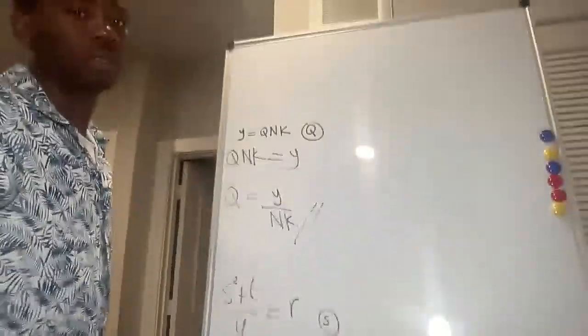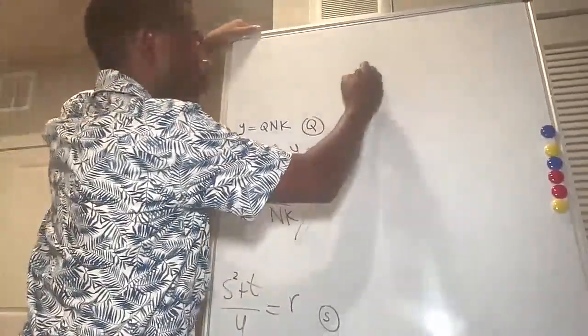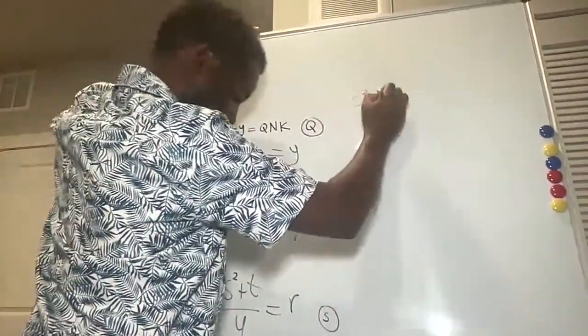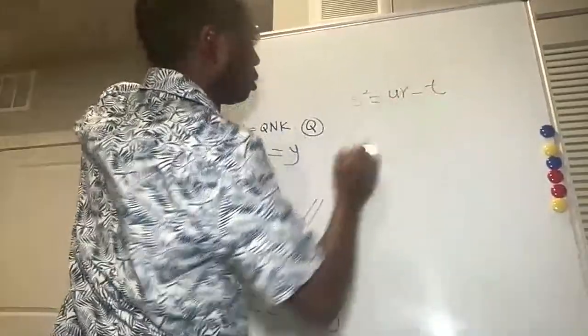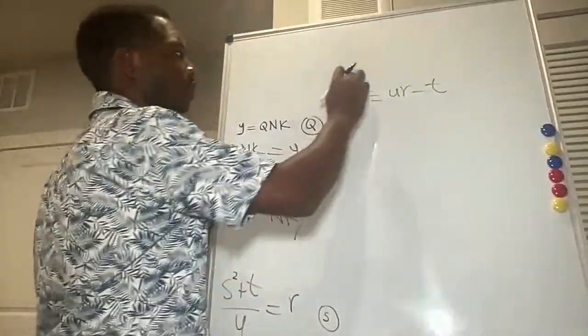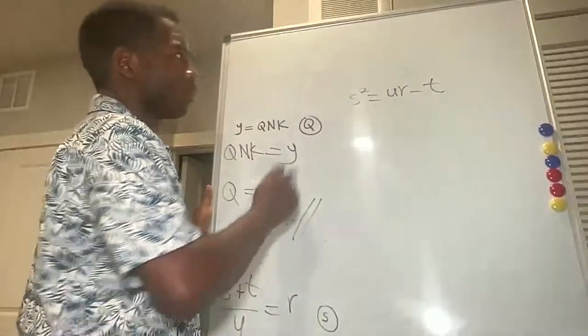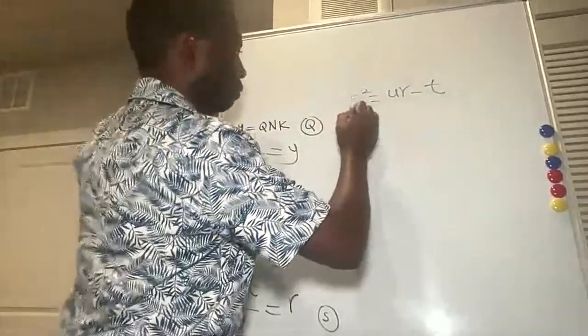S squared is equals to ur minus t. So we need to remove the 2 that is on top of this s. How do we remove it? Take square root of both sides.